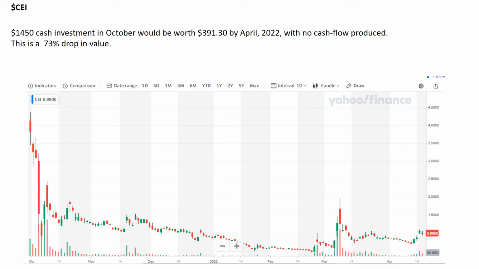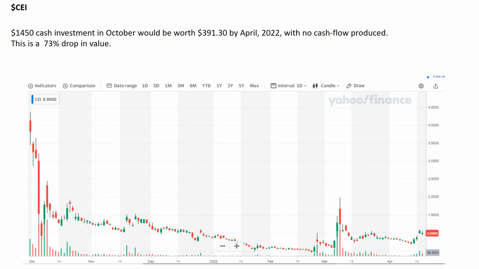Now, if you look at the stock price chart for this asset class, you will see that apart from the sharp drop between October and November 2021, it's been going up and down between the $2 price point and the $0.3 price point.